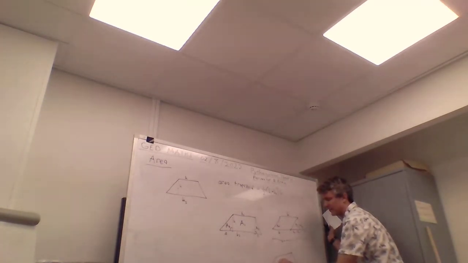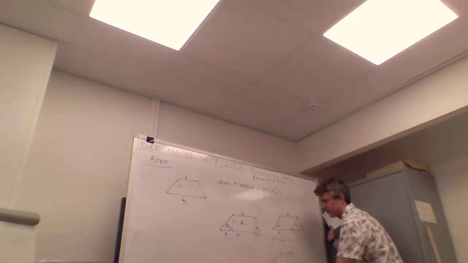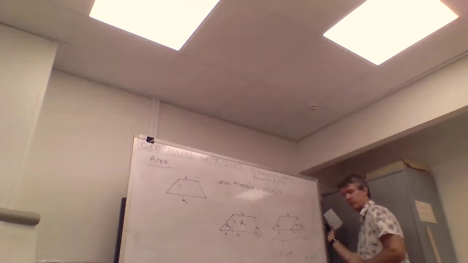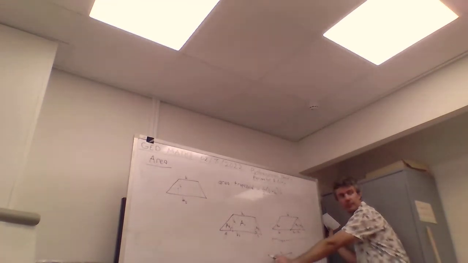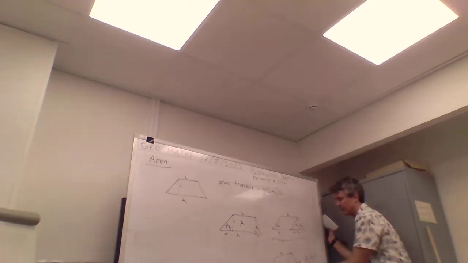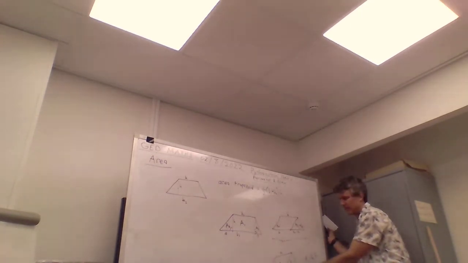So we have height, and this is B1, and this is B1. So this is A1 equals B1 times H, right? The area of the parallelogram. Remember what that is. And now here this triangle is H times whatever this base here is.